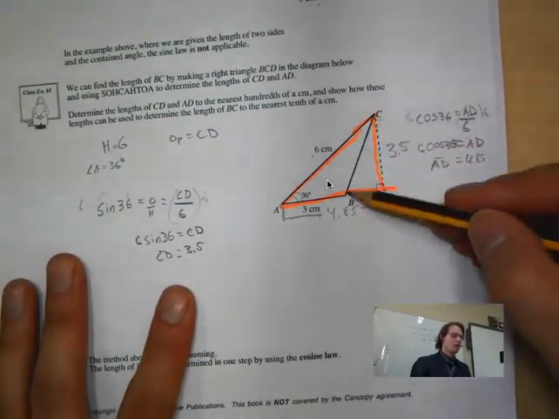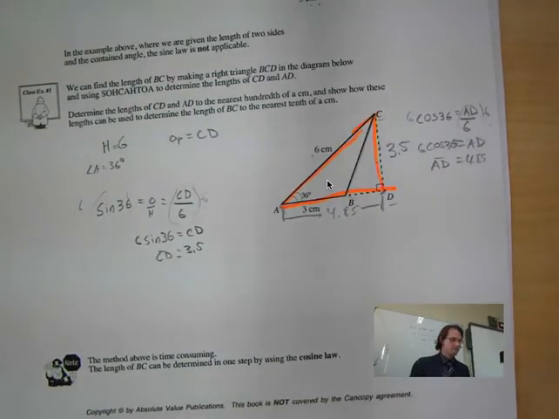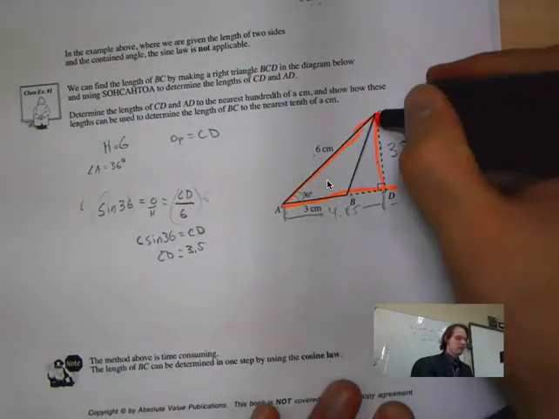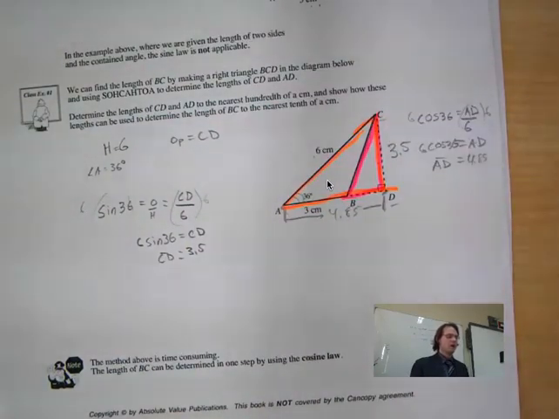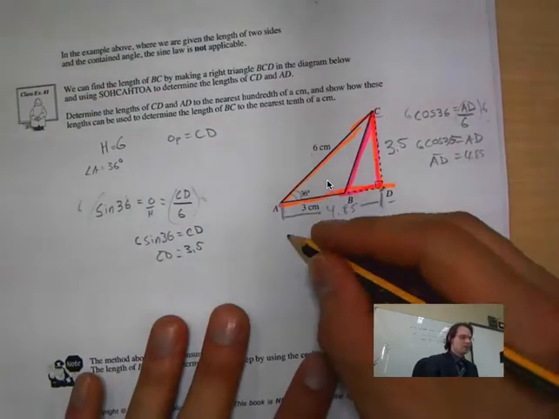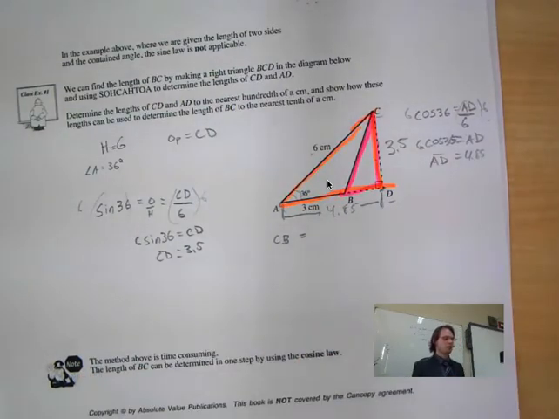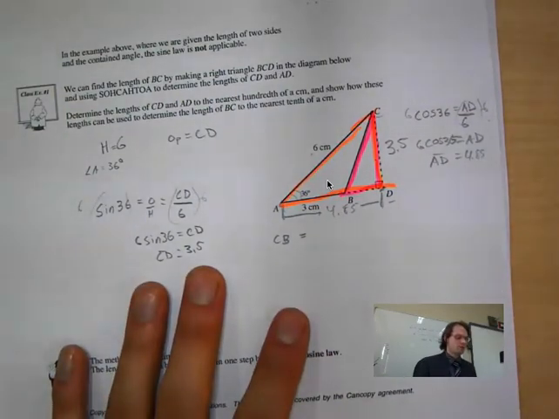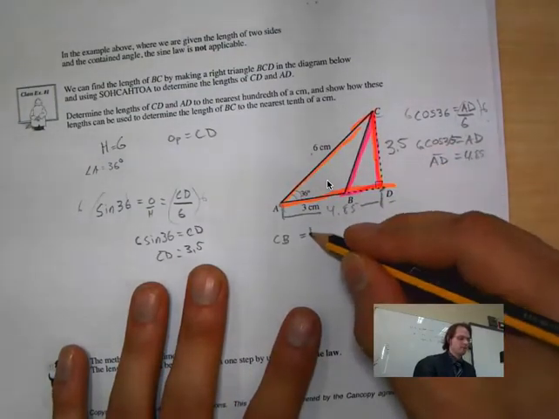We continue this here. Now, I should be able to find this line here because of this triangle, CDB. We can now find line CB using sine and cosine. So CB is equal to, well, in this case, it is my hypotenuse.